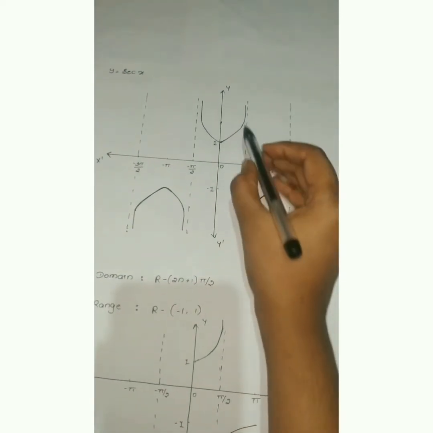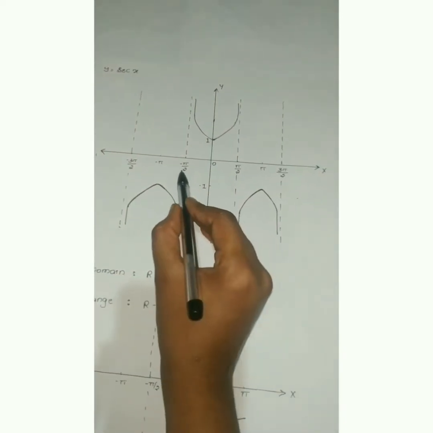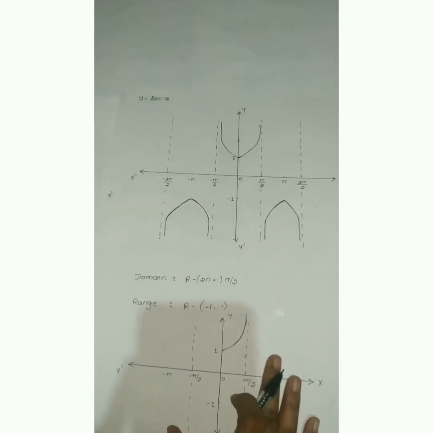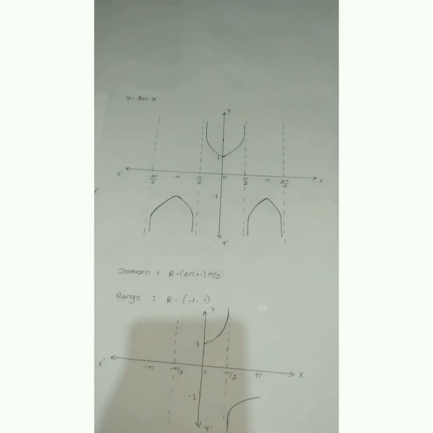Because cos pi by 2, cos 90 value is 0, secant pi by 2 means 1 by cos pi by 2, 1 by 0, it is infinity. Secant pi by 2 value is infinity, and sec minus pi by 2 value is also infinity. This is the graphical representation of the secant function.